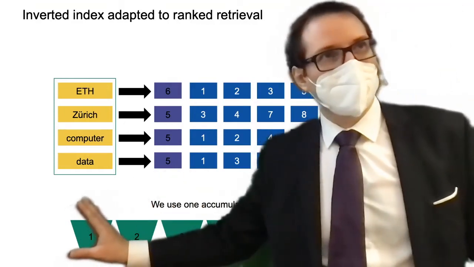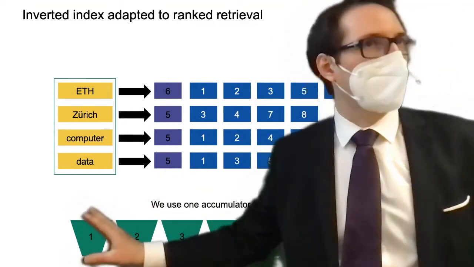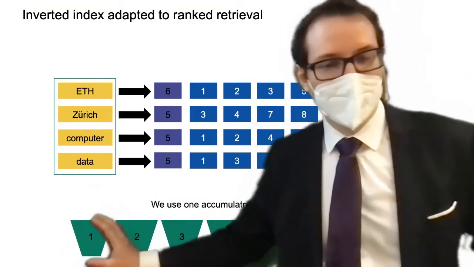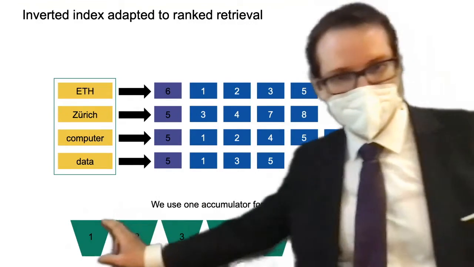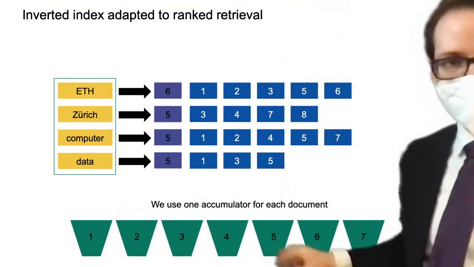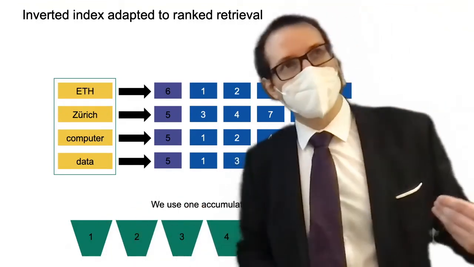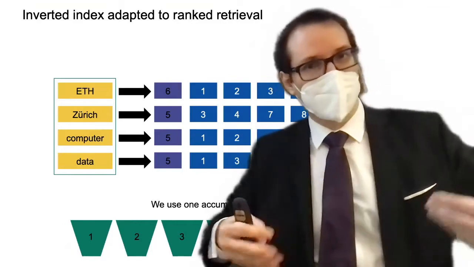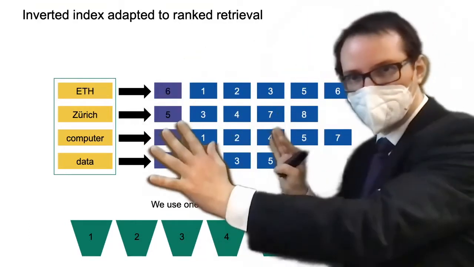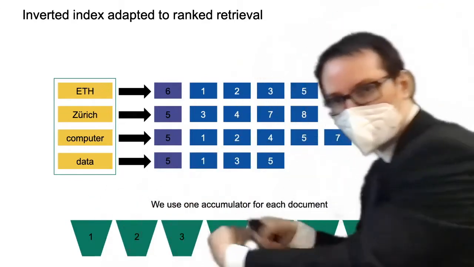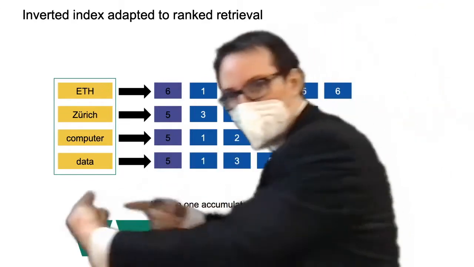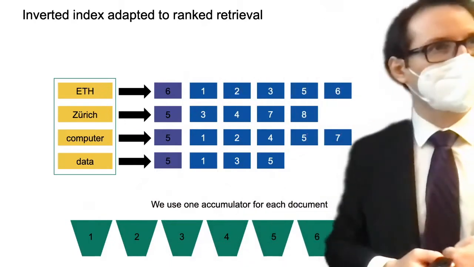You can consider them as registers or places in memory where we store a number, right? So we have these doubles, let's say. There's a double here, double here, double here. These are called accumulators because we just accumulate the scores. We are going to traverse that structure in some way, and as we traverse it, we just update the buckets right there by accumulating the scores of the documents, right?